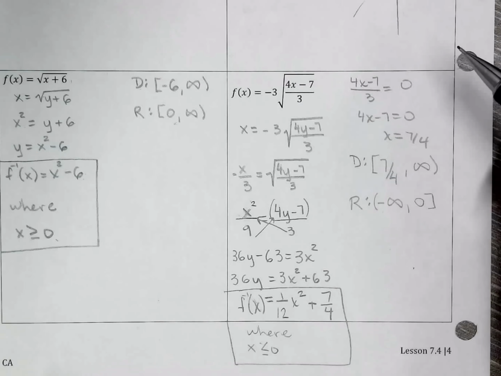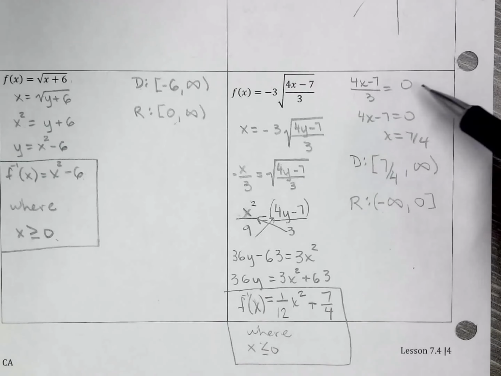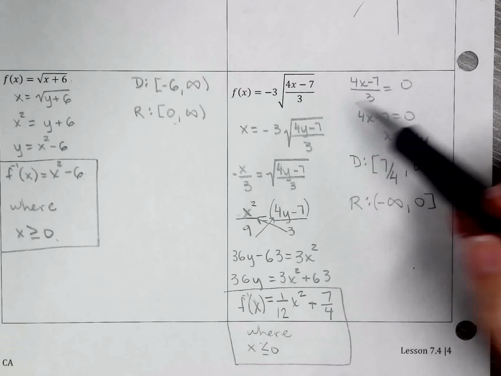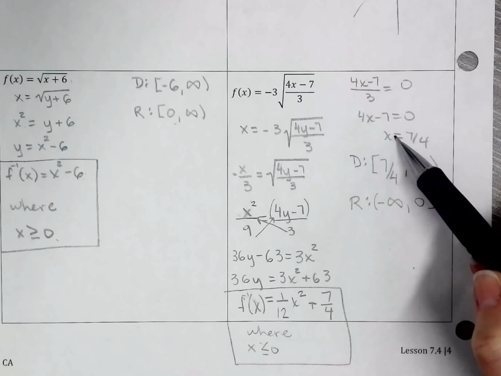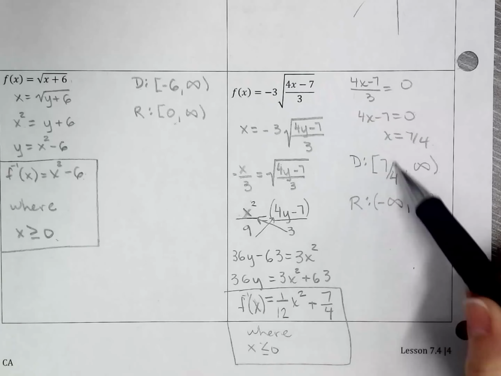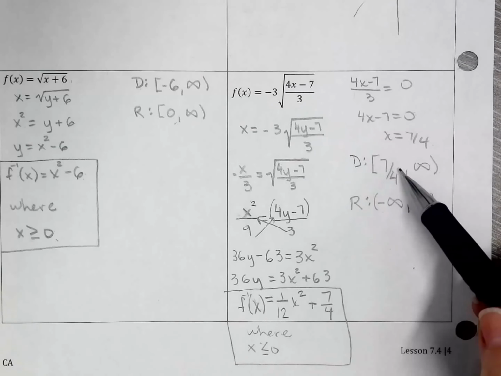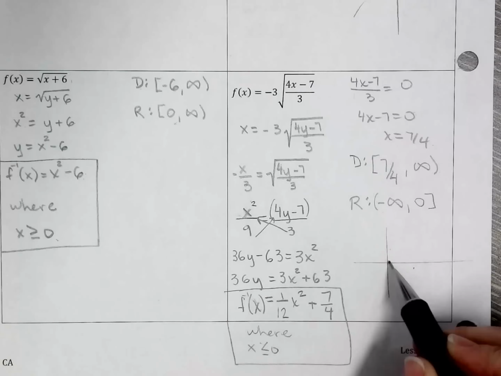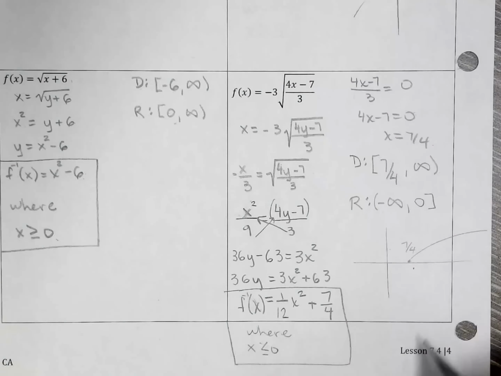So here I have the domain, because in reality, what makes the domain? How do I find the domain here? Let's start there. So when I set this equal to 0, then I solve. Multiply by 3, I got 0, and then plus 7 divided by 4. This is where my radical starts, that's the starting of the x right there. So when you graph this, it would be somewhere over there where 7 over 4 is the beginning right there.